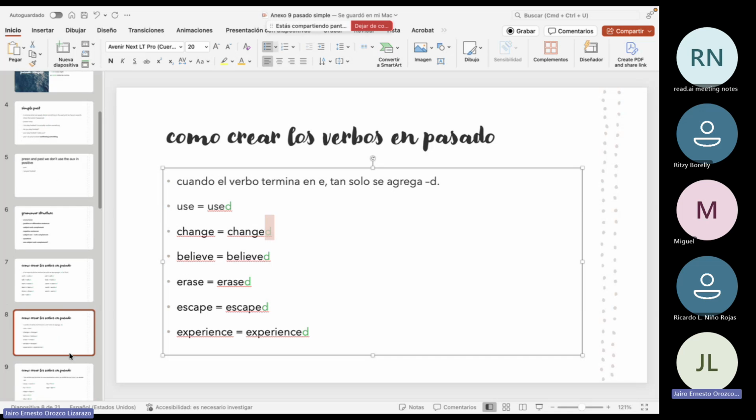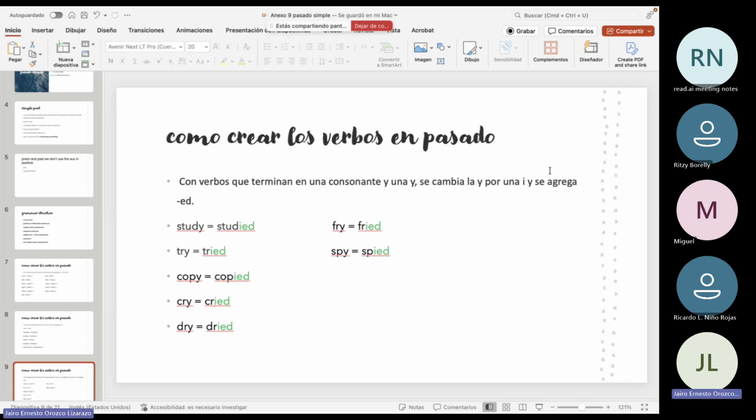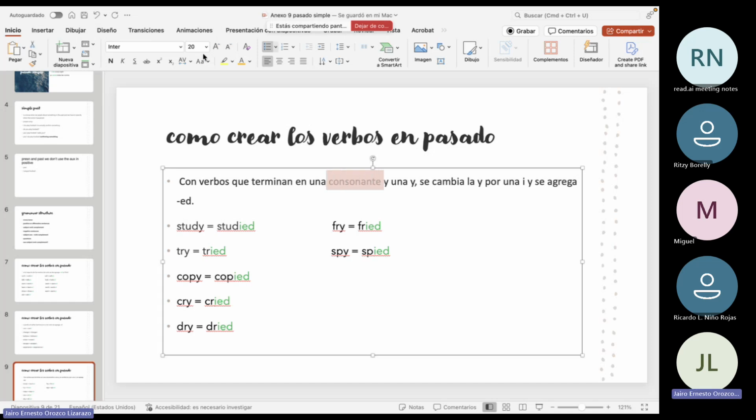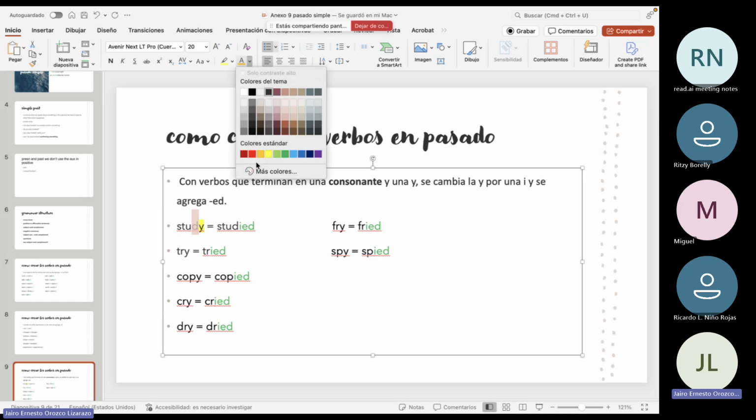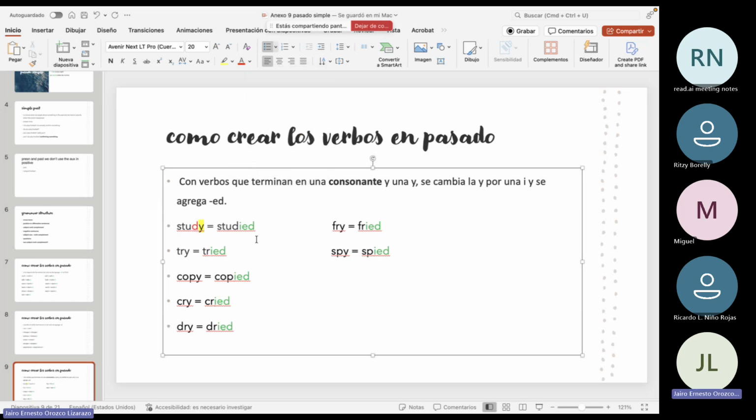And finally, we have the verbs that end in Y, and before the Y, we have a consonant. That is very important. In that case, we change the Y to IED. So for example, study ends with a Y, and before the Y, we have the D, which is a consonant, right?